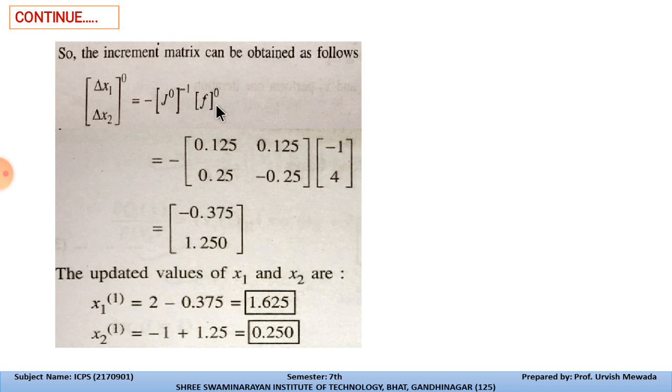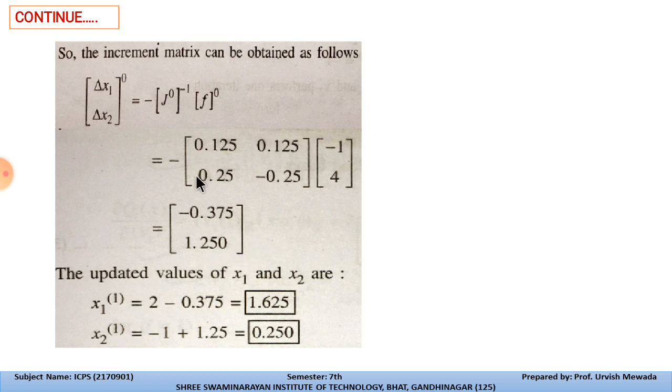Now the function matrix f raised to 0 is minus 1 and 4. After solving these two matrices, the value of delta x1 and delta x2 raised to 0 is minus 0.375 for delta x1, and delta x2 is 1.250.